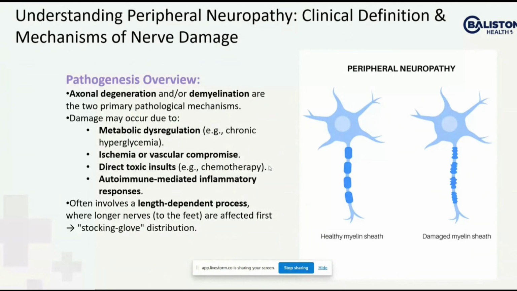In a healthy myelinated nerve we have what's referred to as saltatory conduction, which skips from node to node and helps transmit information down the axonal pathway. Various pathophysiological processes can damage that. In particular, as we're about to talk about, it's going to be a metabolic problem, with some overlap into ischemia or vascular compromise.